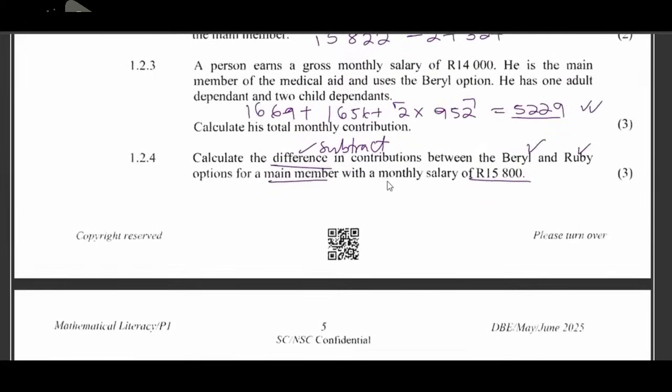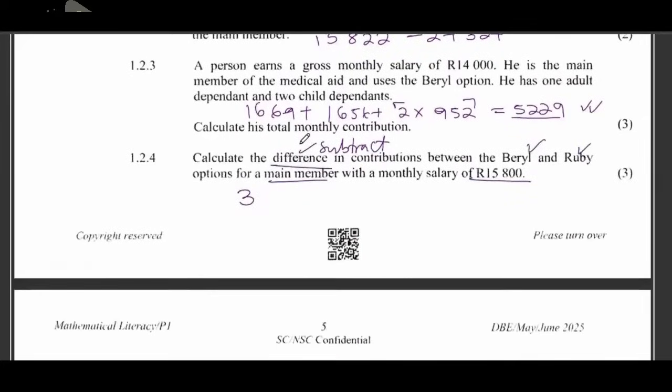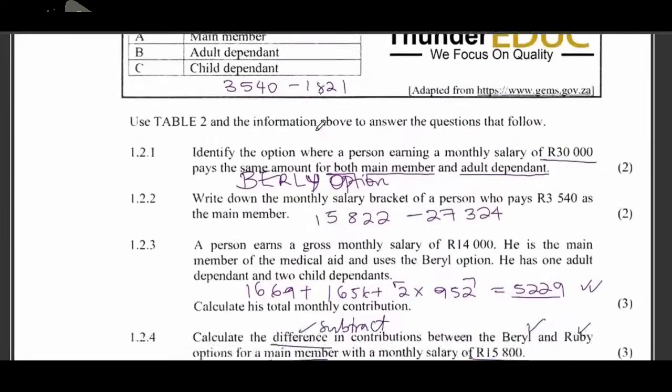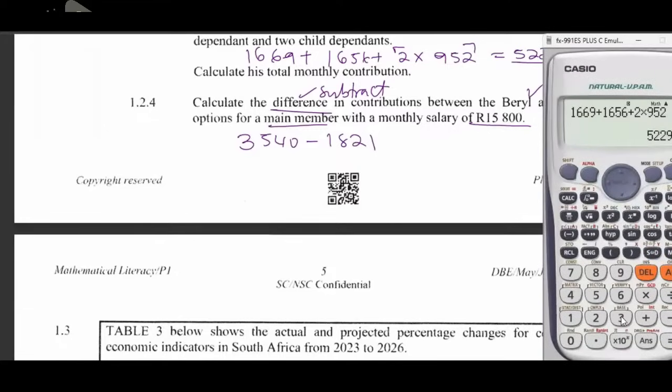So we are saying 15,800 is fine. 3,540 minus 1,821. Pick that, put in your calculator. Don't look around. Don't overuse your brain.